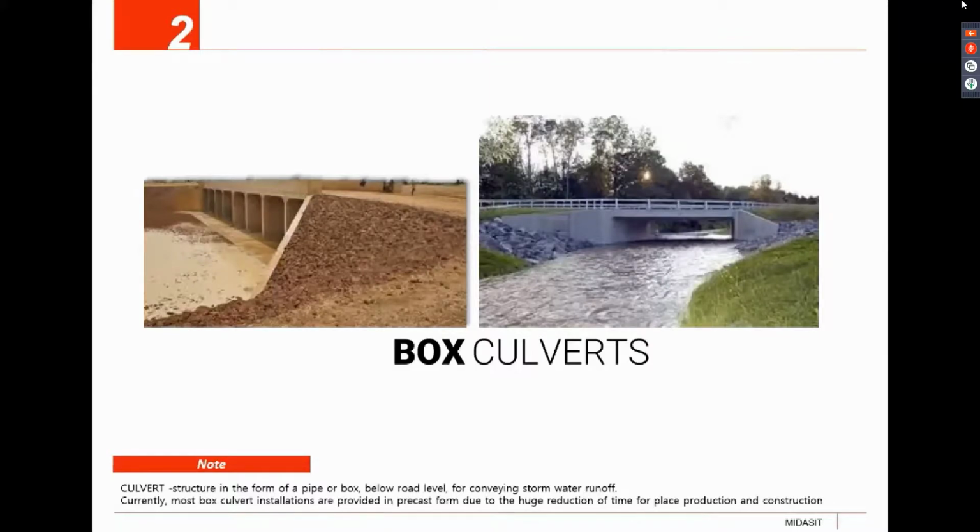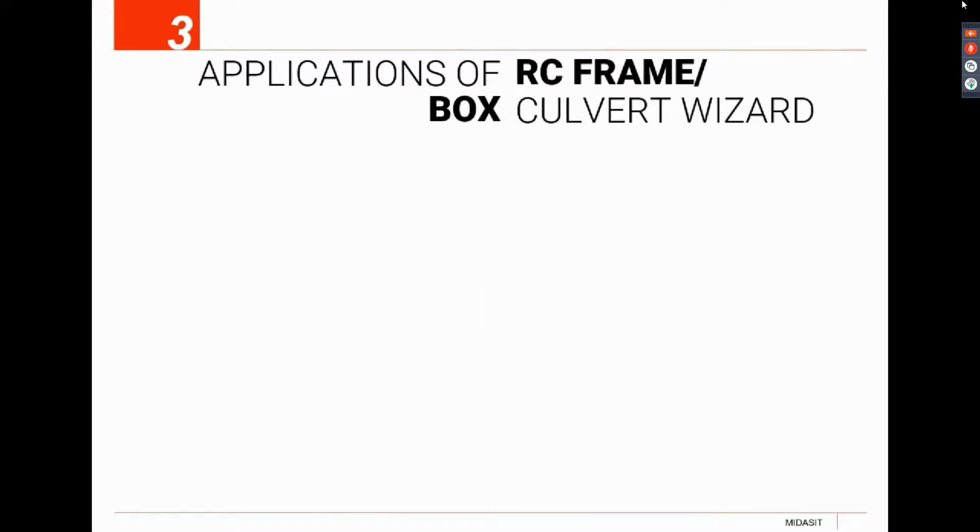Currently, most box culvert installations are provided in precast form due to the huge amount of time saved for production and construction. For today's session, we will be utilizing the RC frame or box culvert wizard. Here are some of the applications of our wizard.